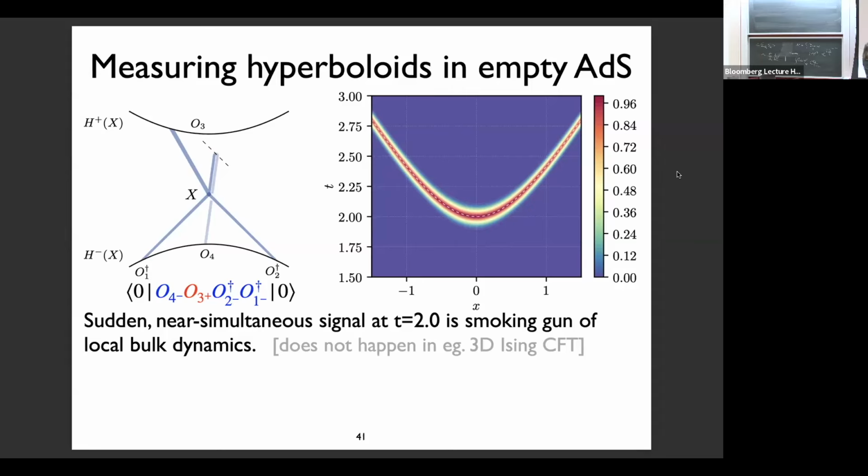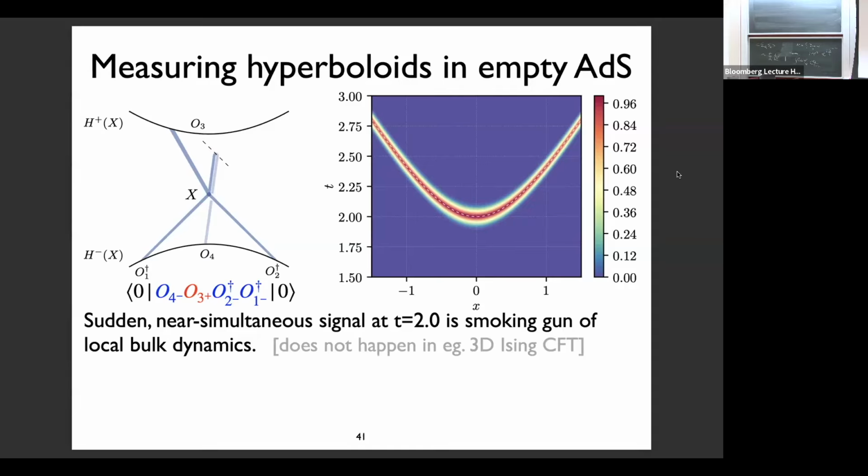This is the magnitude of the 1-point function of O in the state, and you just see it's a nice sharp hyperbola. This is really amazing because you see this is time going up, so the signal is happening simultaneously at different points in space.